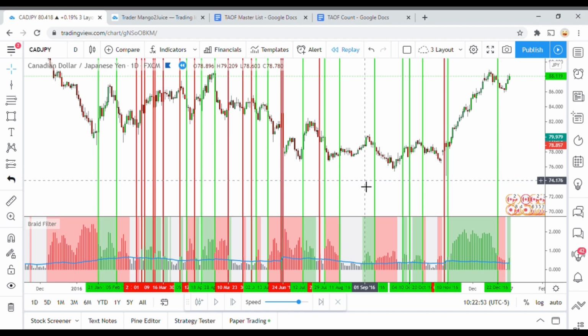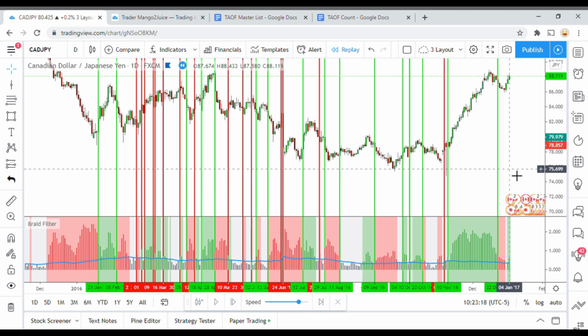Let's count out the trades here, see what we get. 1, 2, 3, 4, 5, 6, 7, 8, 9, 10, 11, 12, 13, 14, 15, 16, 17, 18, 19, 20, 21, 22, 23, 24, 25, 26, 27, 28, 29, 30, and 31.